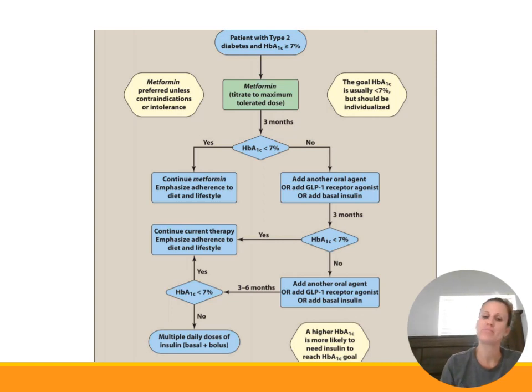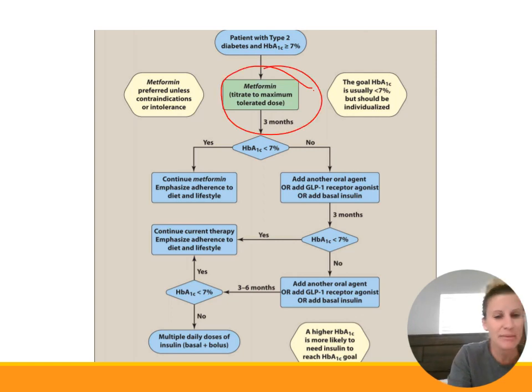And then this is the same slide that I covered in the part 1 video. This is an algorithm that walks through the treatment of type 2 diabetes. Remember, type 1 diabetes requires insulin injections, multiple daily injections of insulin from the beginning. This is type 2 diabetes, in which we typically start with metformin, as long as it's tolerated by the patient.